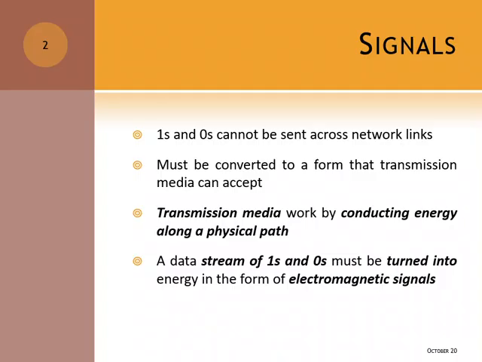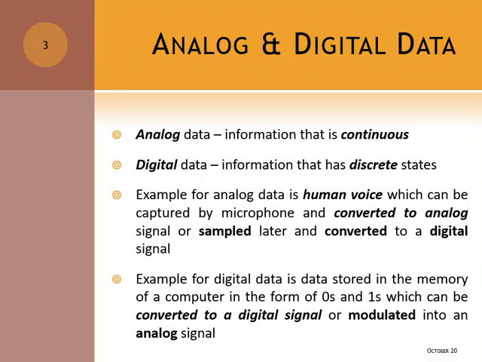So transmission media work by conducting energy along a physical path. A data stream of ones and zeros must be turned into energy in the form of electromagnetic signals. So 1 dengan 0 digital data tadi akan ditukarkan menjadi electromagnetic signal. We have actually two types of data, analog and digital.